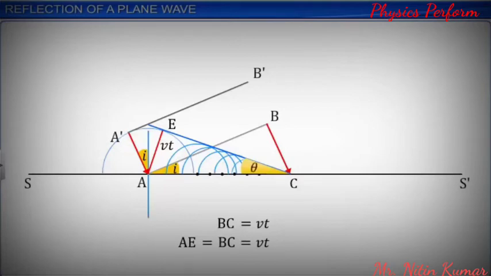The two triangles AEC and ABC are right-angled triangles with a common side AC and with two other equal sides AE and BC. Therefore, these two triangles are congruent. Hence, the angle BAC is equal to the angle ACE. This means the angle of incidence I is equal to the angle of reflection theta. This is the law of reflection.